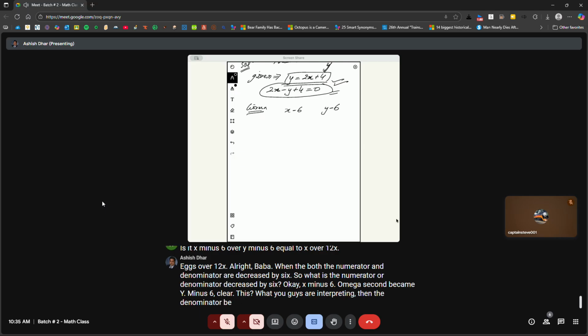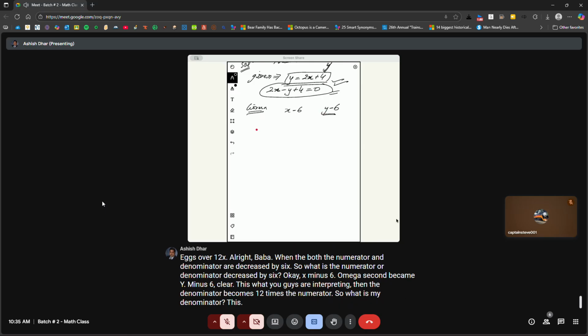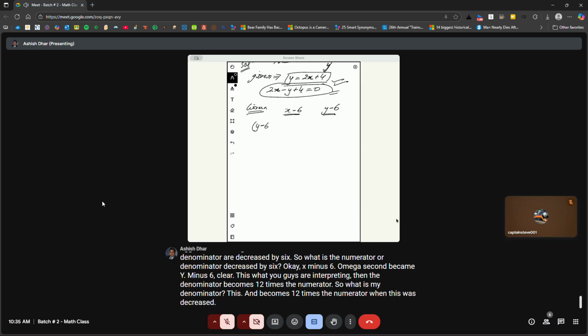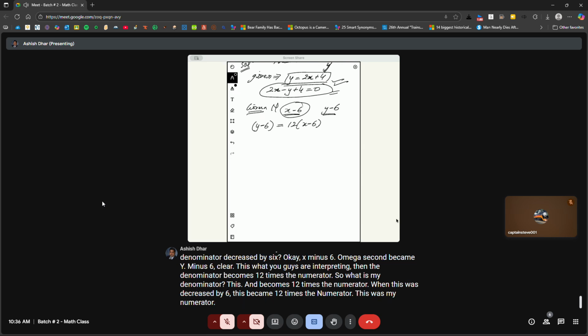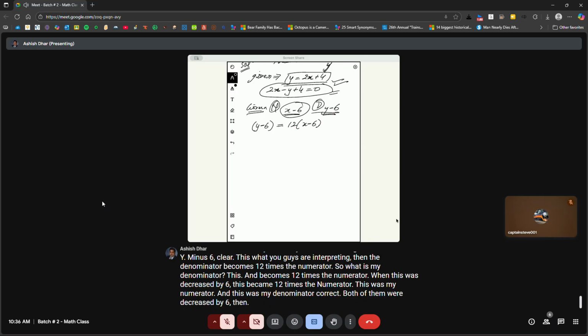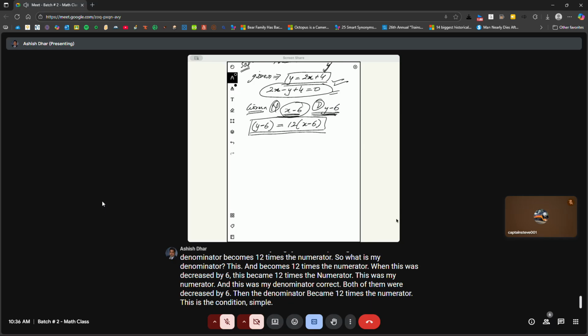Then the denominator becomes 12 times the numerator. So what is my denominator? It becomes 12 times the numerator. This was my numerator and this was my denominator, correct? Both of them were decreased by 6. Then the denominator became 12 times the numerator. This is the condition. Simple. Does it make sense what I just did?